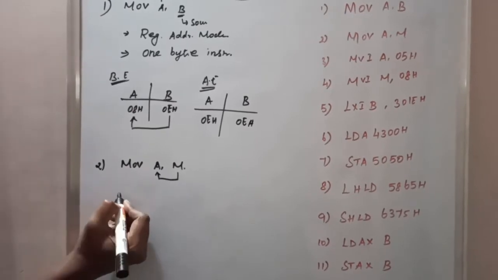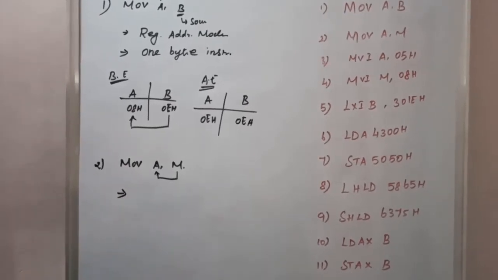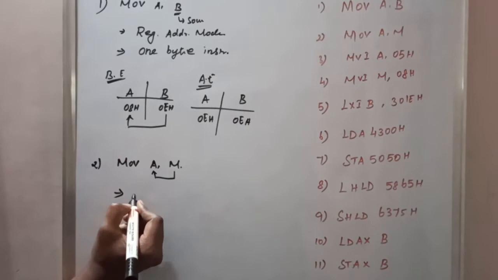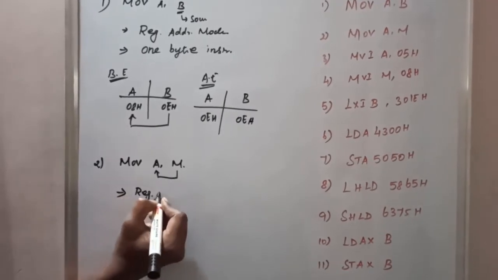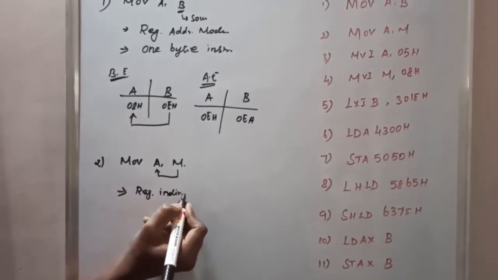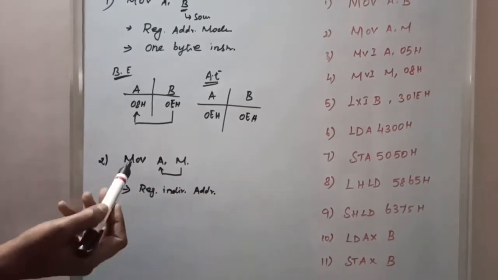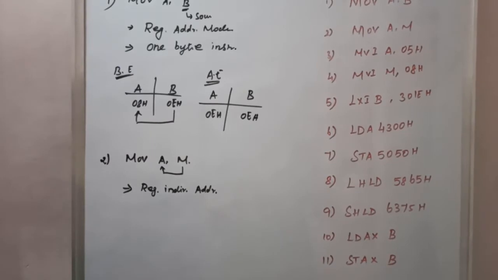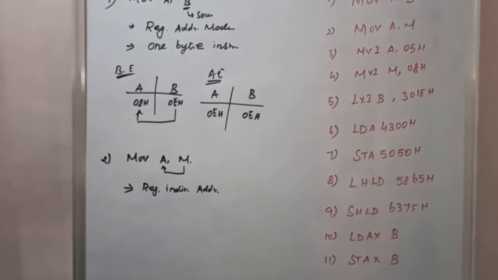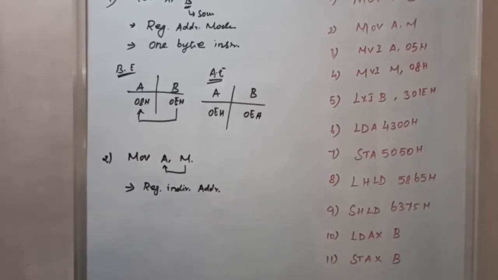First, the type of addressing mode. It is register indirect addressing mode, because the address of the content is held in a register pair and the content is stored in a memory location. We can't pass the direct value in the instruction itself.